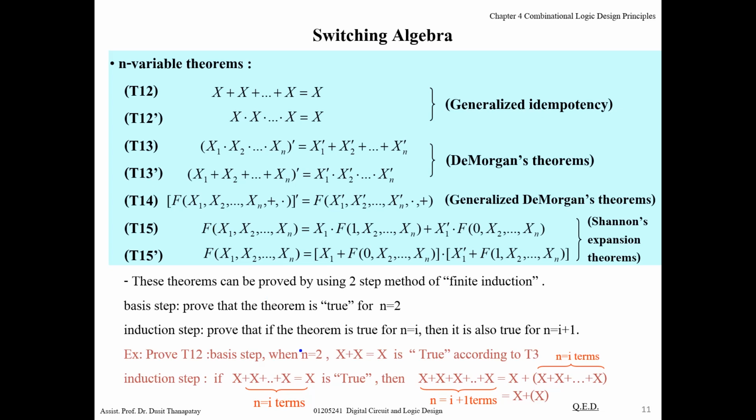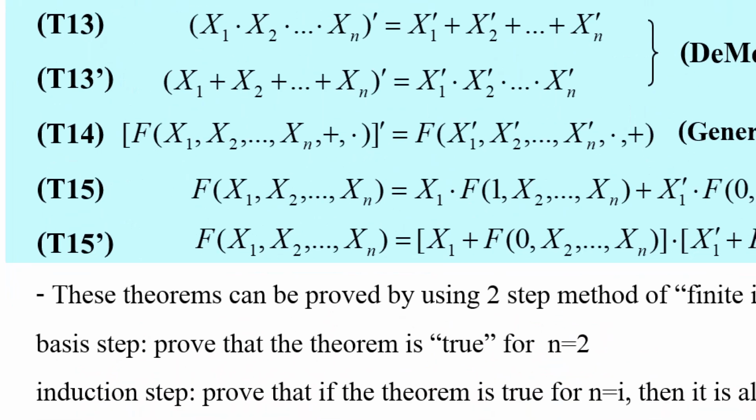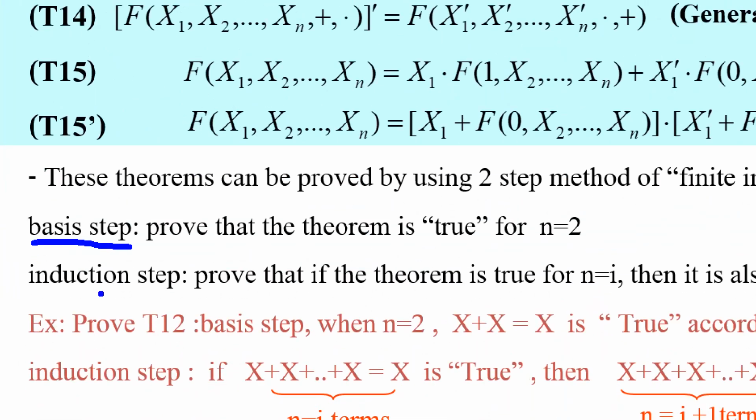To prove this one, you may use finite induction. Namely, for n variables, when the number of variables is finite, not infinite, you can prove it using two steps: the basis step and then the induction step. The idea is something like this. In the basis step, you prove for a small number of variables, for example only 1 or 2.